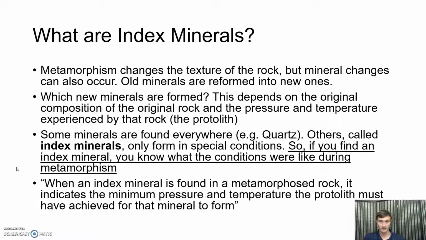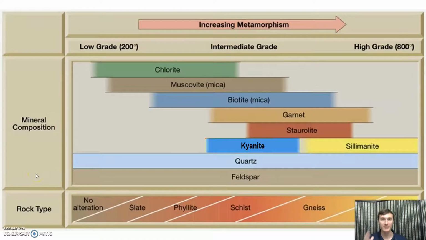So this chart has a lot of our common index minerals on it. The certain minerals that tell you the most about the original conditions where a rock formed. Now you notice, right, we have low-grade metamorphism here, high-grade metamorphism on the right. Something like quartz or feldspar, these are going to be present throughout any sort of range.